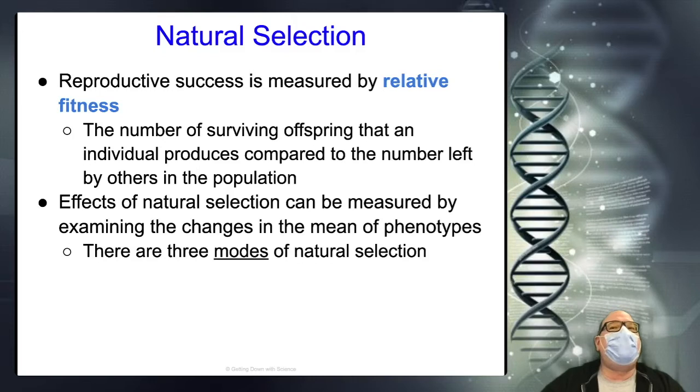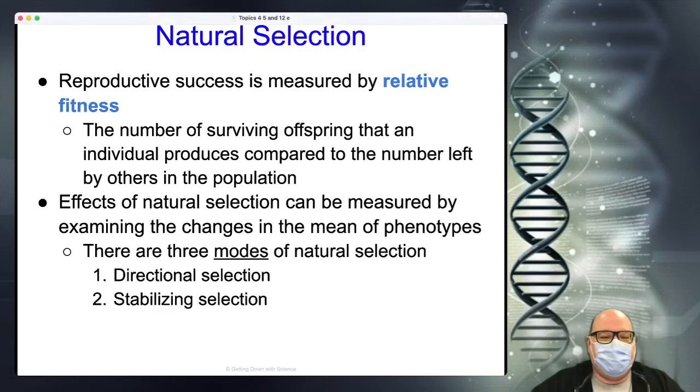So there's 3 ways that natural selection can happen, and you have to know all 3 of them. Let's take a look. We have directional, stabilizing, and disruptive. These are pretty easy because the terms are very descriptive.